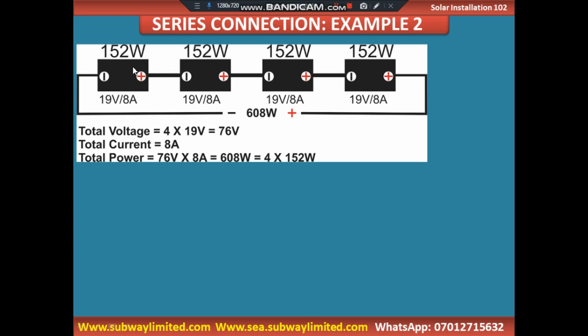Each is 152 watts, and each is 19 volts, 8 amps. If you multiply 19 volts times 8 amps, it will give you 152 watts. That is what you have to understand. We said this when we were talking about the solar panel nameplate.